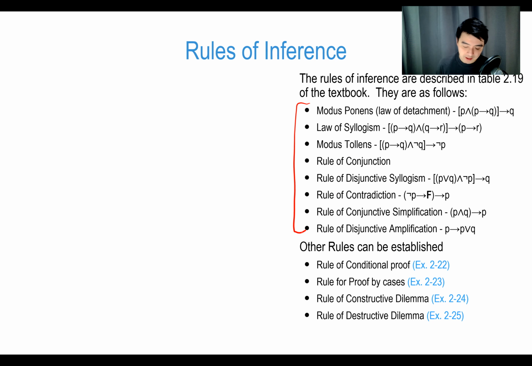In fact, I should put a double arrow here because all of these happen to be tautologies. If you have a second or want some extra practice, take a look at all of these laws and prove that each of them is actually a tautology, always true. So P and P implies Q always implies Q. What does that mean?